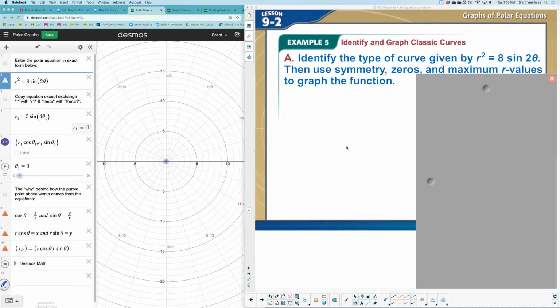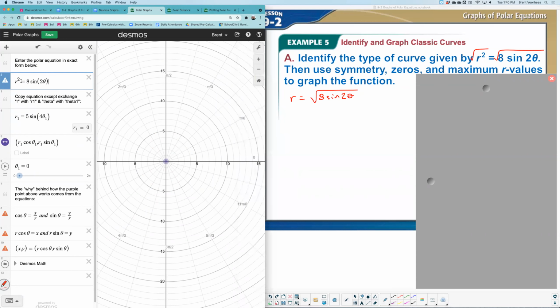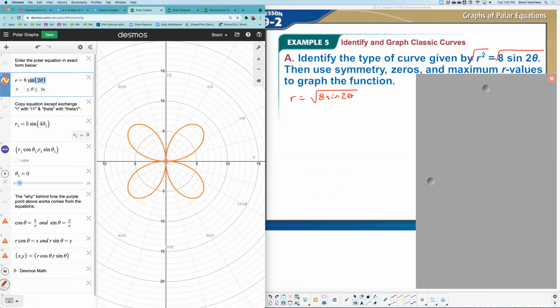So what you'll have to do is solve for r by saying that r equals the square root, because the opposite of a square is a square root, of 8 sine 2 theta. And so that's actually what I'm going to graph. So let me take away the square there and put this in square root.